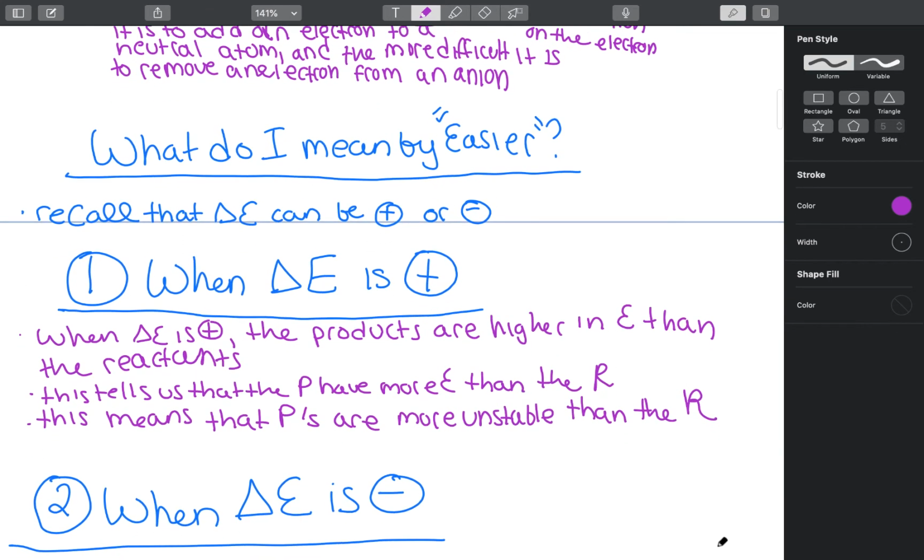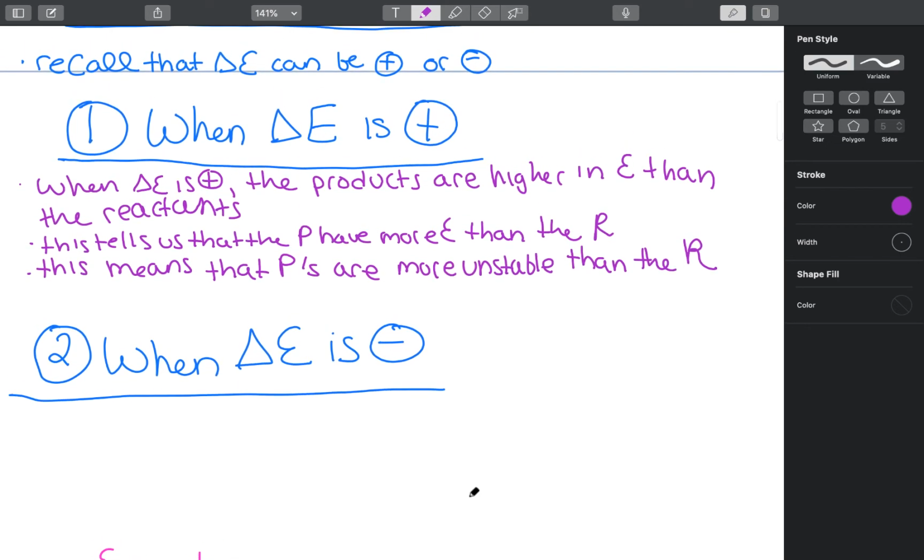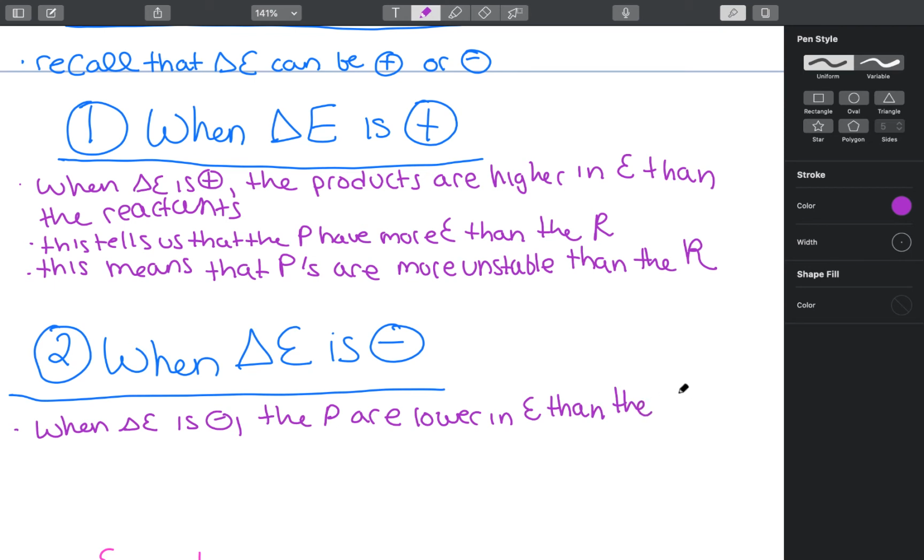So what about when the change in energy is negative? What does this mean? Well, when the change in energy is negative, it's the opposite. So when delta E is negative, the products are lower in energy than the reactants.